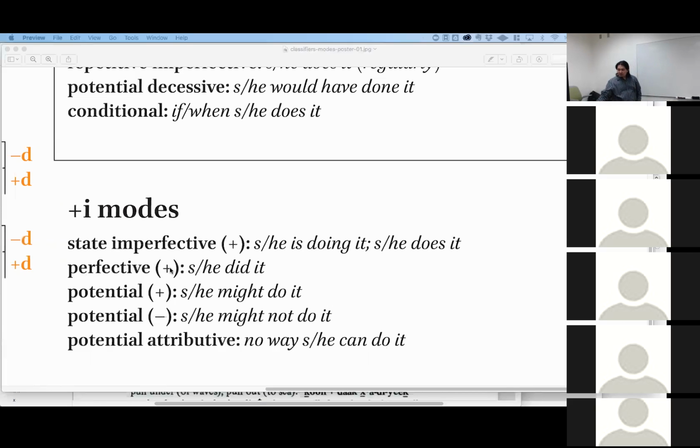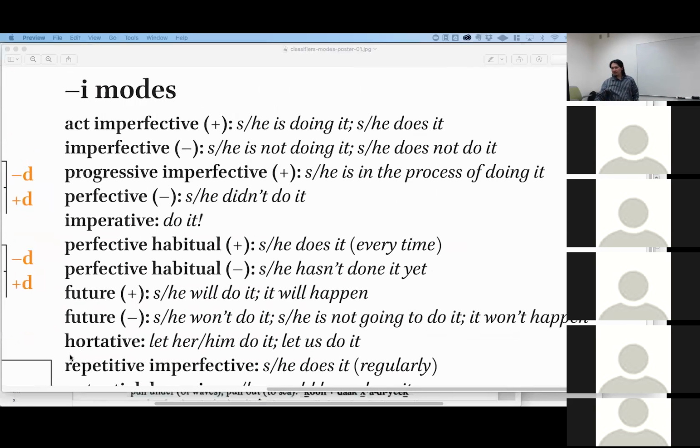All the perfective positives, she or he did it, or it happened. The potentials are kind of weird because it's just this whole group of kind of bizarre forms, and we just have to know that they're plus I because we're talking like if that thing happens. Now that's what we're talking about.